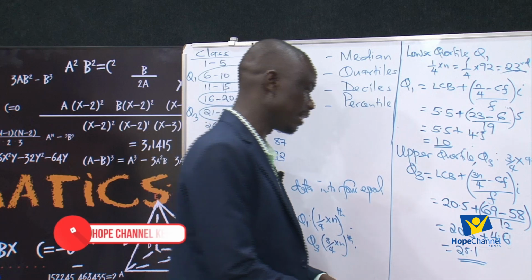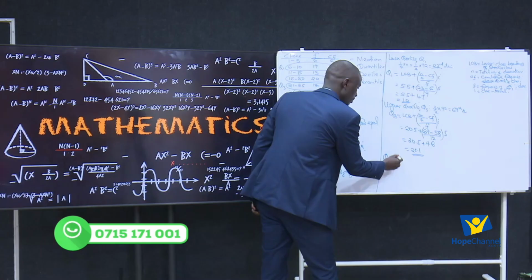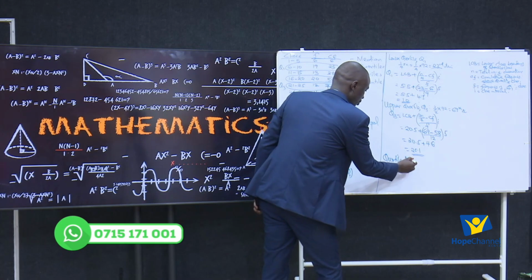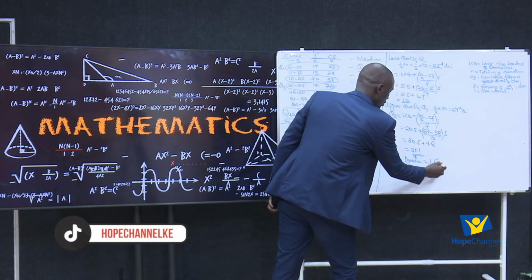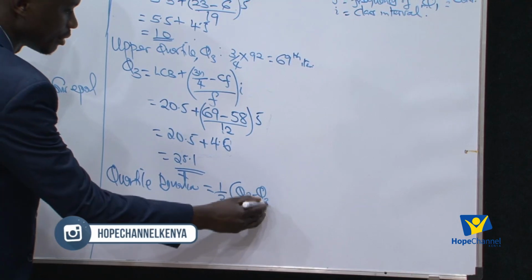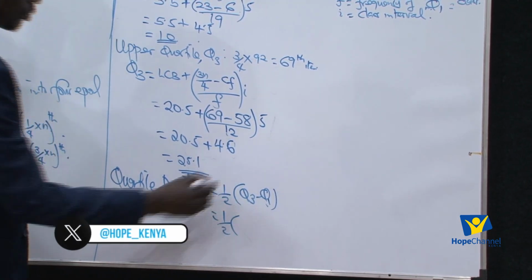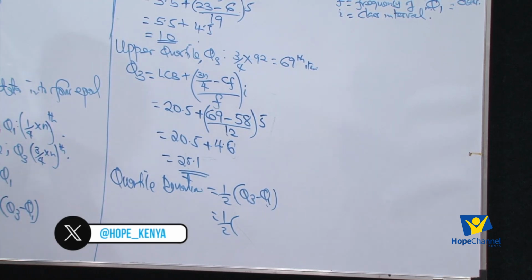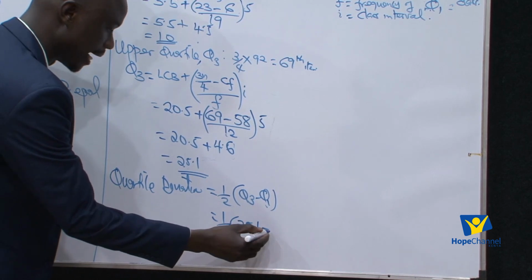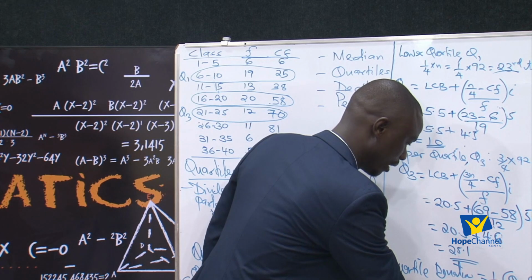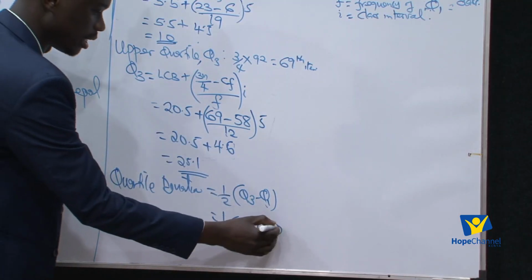So lastly, as we wind up, we can calculate the quartile deviation very fast, which is a half of Q3 minus Q1. Q3, we have gotten as 25.1, minus Q1, which we got as 10.